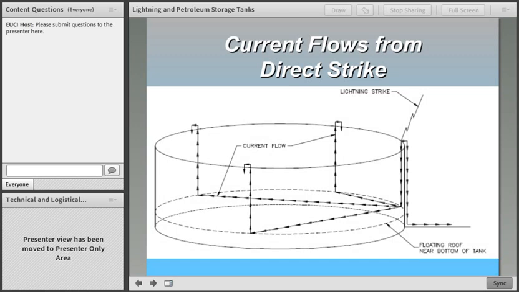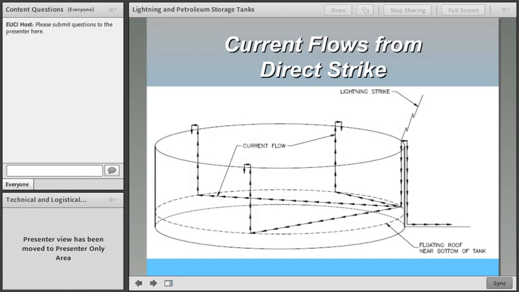Some of the current has traveled down the outside of the tank, and some of the current has traveled down the inside of the tank shell. This current will travel down the inside of the tank shell until it hits the roof, and it will arc over to the roof and spread out across the roof in all directions.